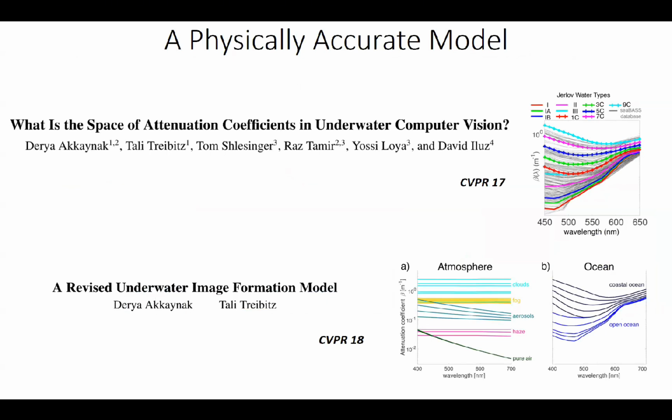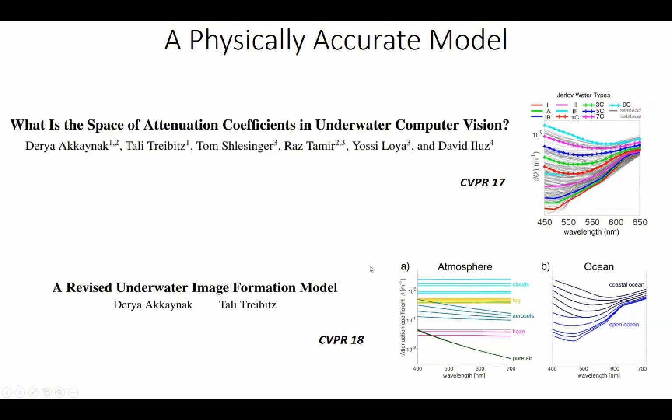So this is a method that I won't go into, and it's based on previous, more theoretical research on the modeling of light underwater. So it's basically a revised underwater image formation model. I'll say something about that.